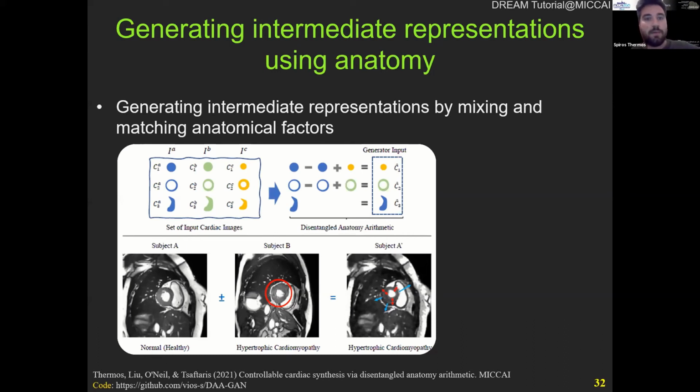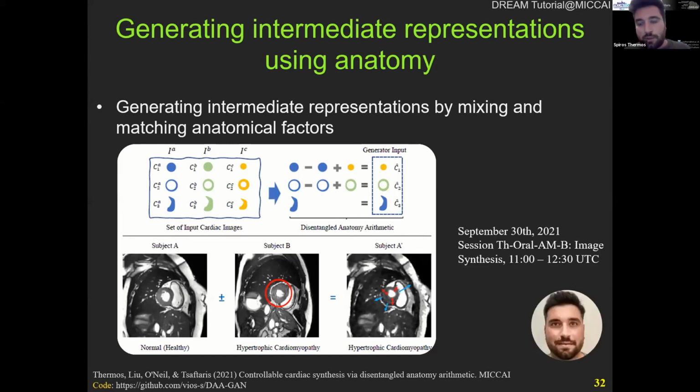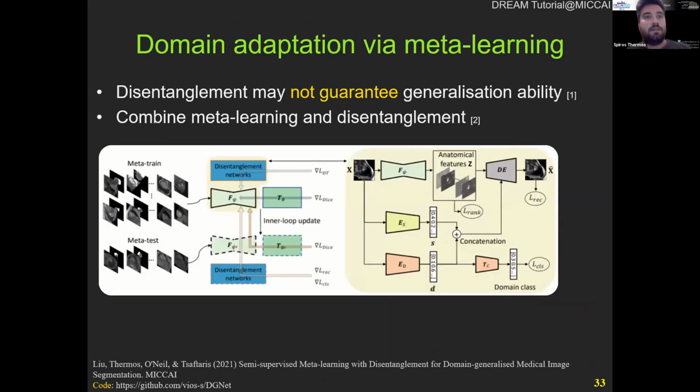We can mix and match them in order to generate, and then re-entangle them with the appearance, the modality factors, in order to generate unseen representations, bridging population representations. You can see this paper on Wednesday as an oral presentation. You're welcome to check the details there.